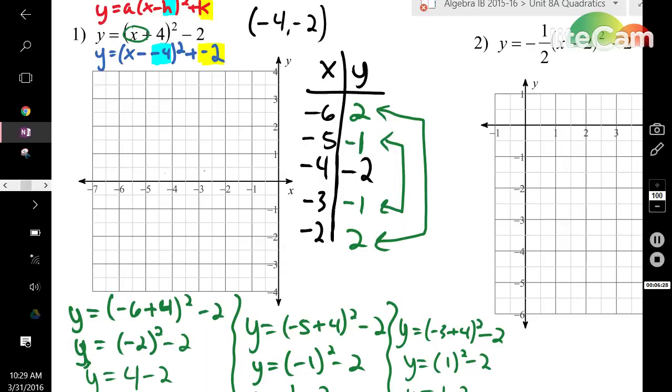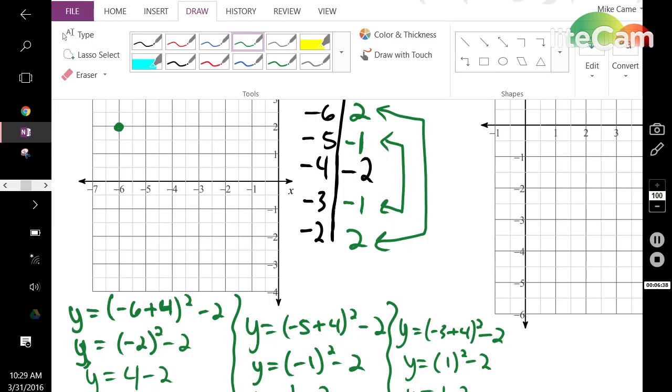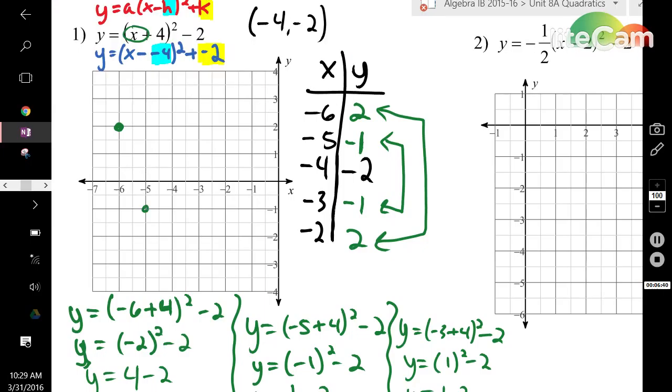Graphing the points: negative 6, 2; negative 5, negative 1; negative 4, negative 2; negative 3, negative 1; and negative 2, 2.